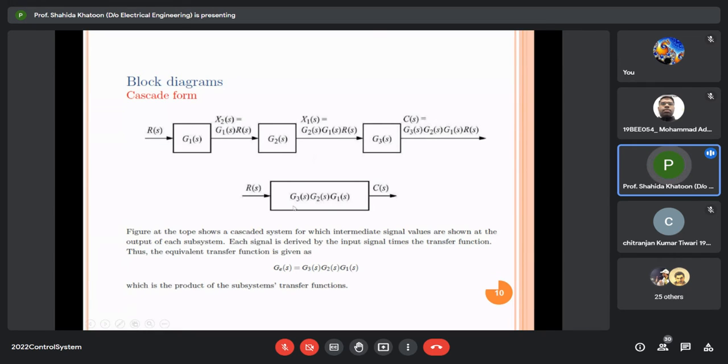So we can finally write that if we take the input as R(s) and output as C(s), the overall transfer function inside the block diagram block is the multiplication of G3, G2 and G1. Okay, each signal is derived by the input signal times the transfer function. Thus, the equivalent transfer function is given by G3, G2, G1(s). This is Ge(s), which is the product of the subsystems' transfer functions.